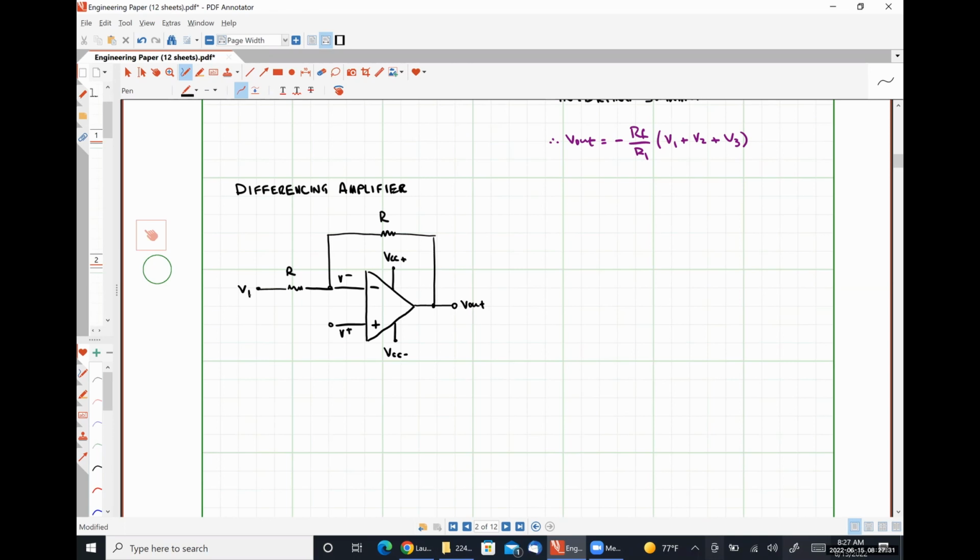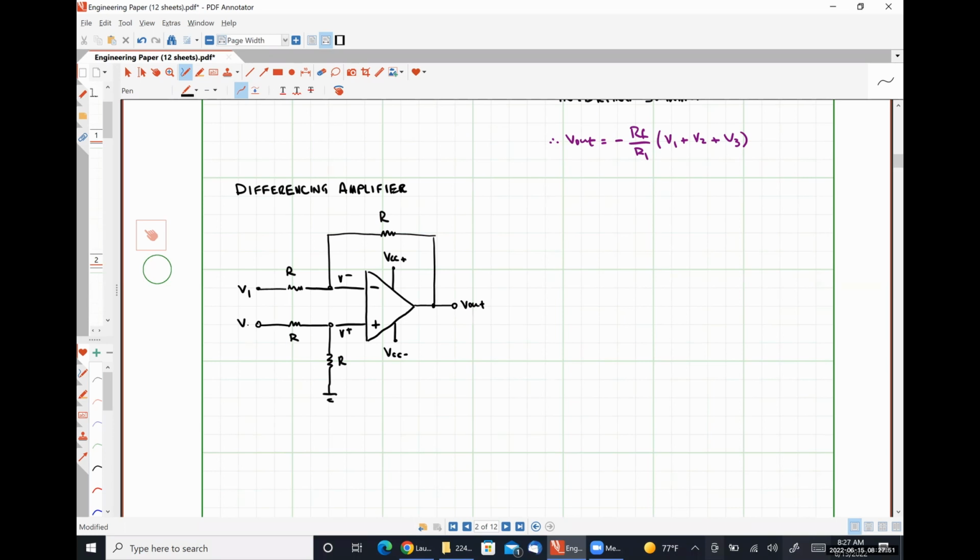Where the big change is going to come is the network that I apply to the non-inverting terminal. So I'm going to put a resistor R here and an additional resistor R here.